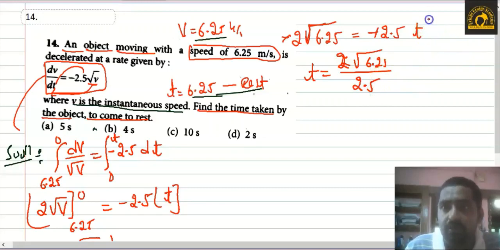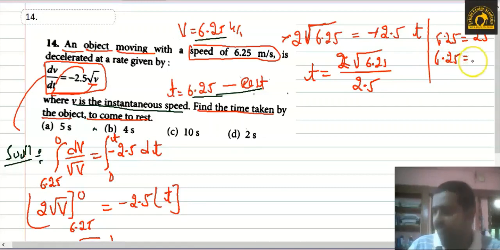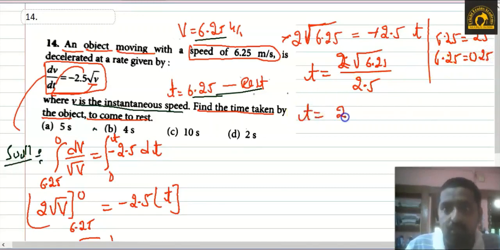The square root of 6.25 is 2.5. So the time is equal to 2 into 2.5 divided by 2.5.